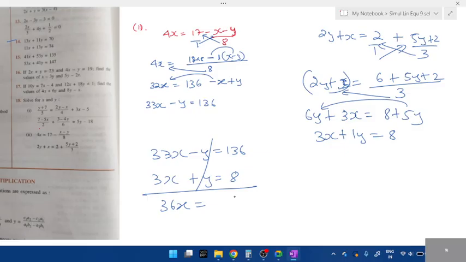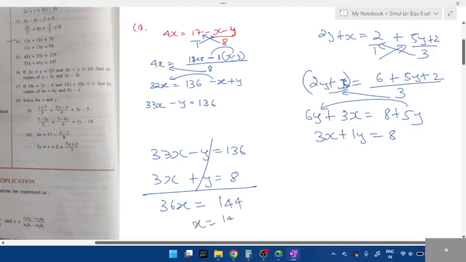X value, I need final x value. X is equal to, find y.